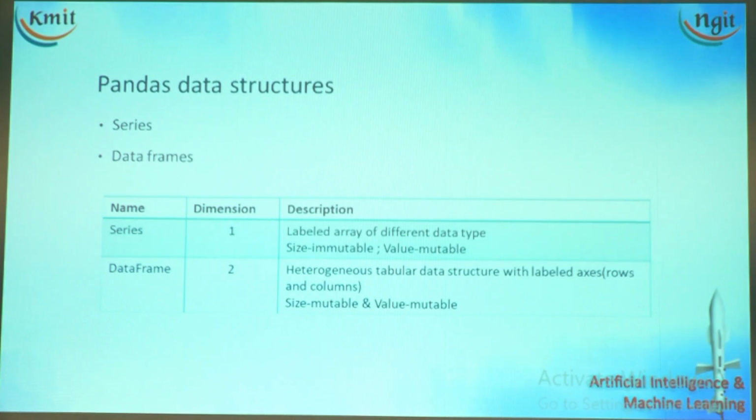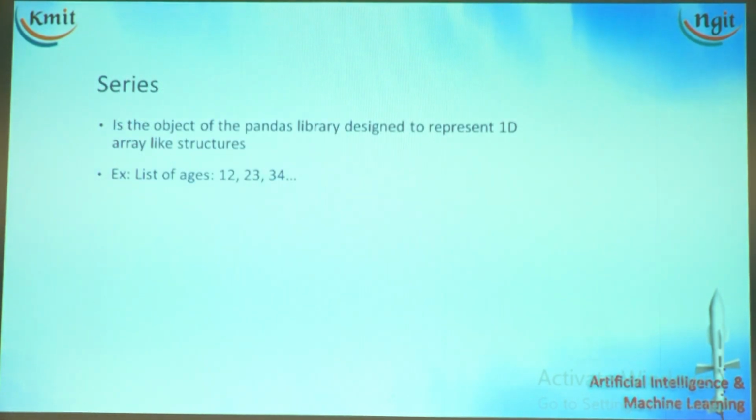This was the introduction to Pandas and the types of data structures that we'll use in Pandas. Now, we are trying to create a one-dimensional Pandas data structure. What is it? Series, right? A series is an object of the Pandas library which is designed to represent a one-dimensional array-like structure.